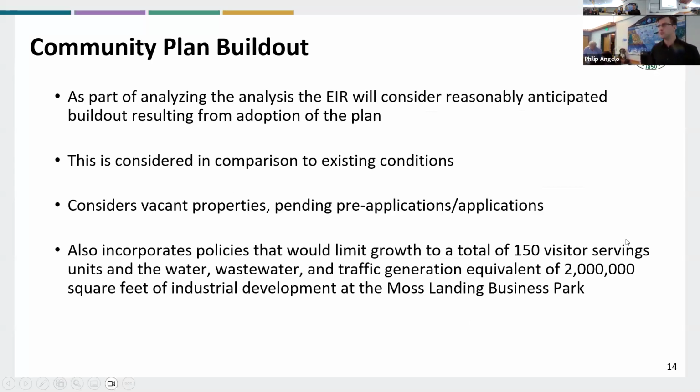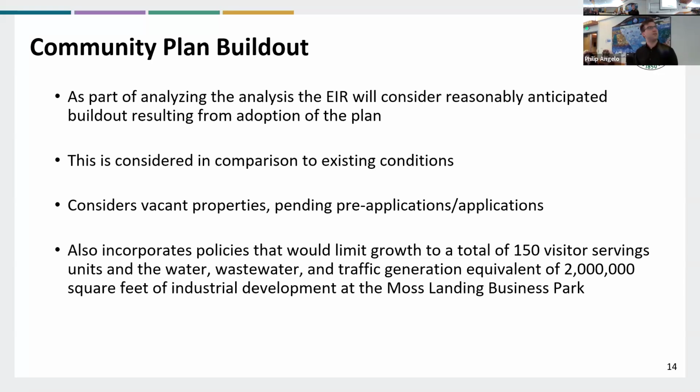The EIR will also analyze the reasonably anticipated build-out that would result from adoption of the new community plan. This analysis would be in comparison to existing on-the-ground conditions rather than the development that would have been allowed under the 1982 community plan. Build-out includes development of vacant properties with uses that would be allowed under the proposed land use designations in the plan, applications and pre-applications that the county has on file, as well as specific policies within the new plan that would contemplate a certain amount of development.